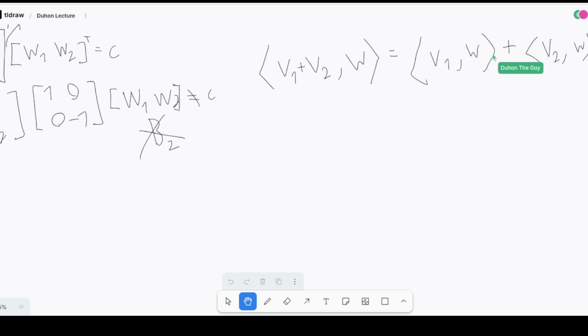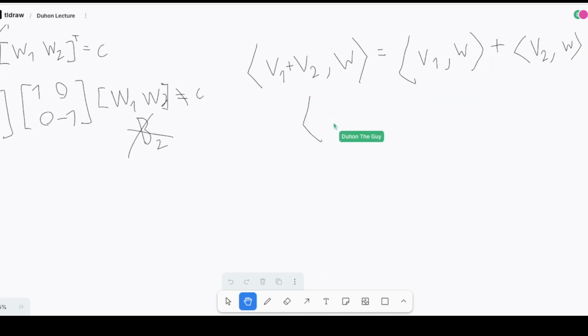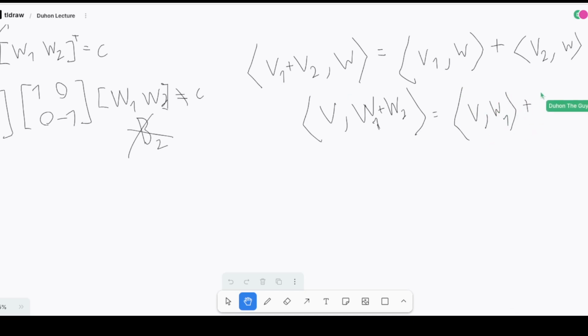Same kind of thing with w. So if we do v, w1 plus w2, this is going to equal v w1 plus v w2, right?